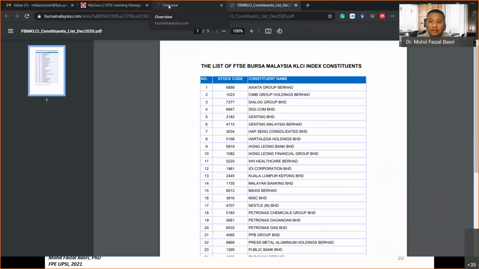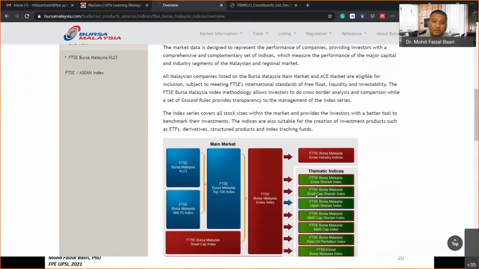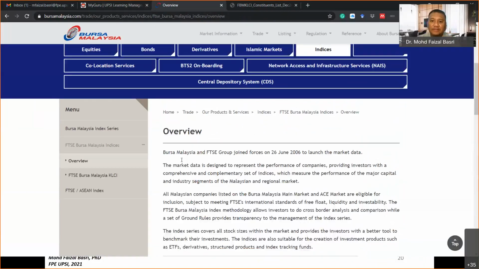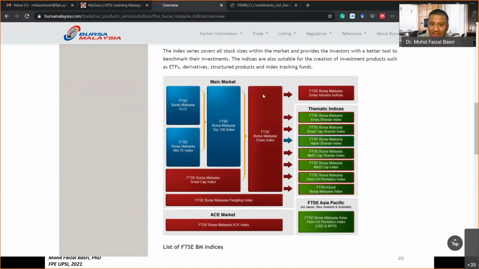Before we look at the constituents, in the stock market, common stocks are the ones we are looking at, under the equity side. For Bursa Malaysia, we have a lot of indices. The plural for index is indices, by the way. Anyway, you can see here the types of index that we have.